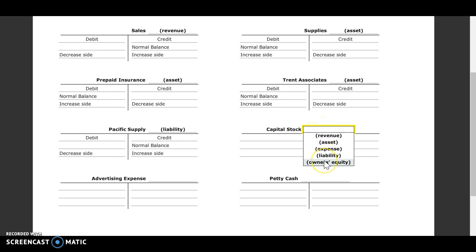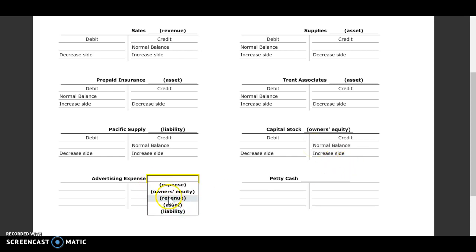Capital stock is going to be an owner's equity. Debit on the left, credit on the right. Capital stock is on the right side of the equation. Owner's equity is on the right, so increase on the right, decrease on the left, and then normal balance is on the right side.